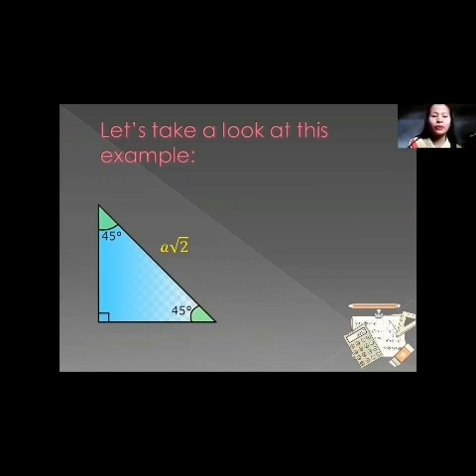The hypotenuse in this triangle, of course, is the side opposite the 90 degrees angle. We will label the legs as A.